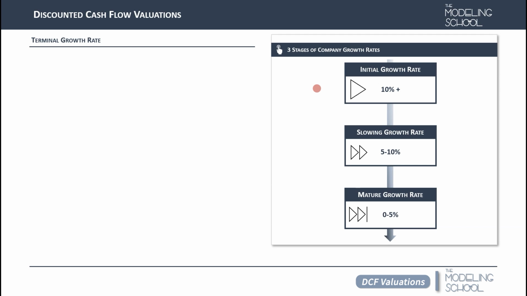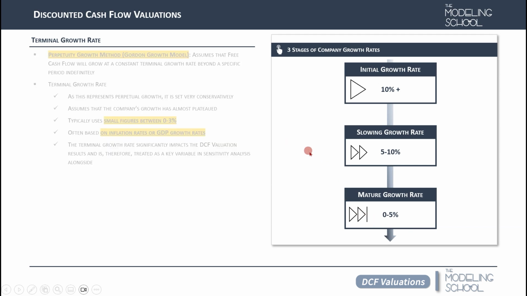So when determining terminal growth rates, it is typically assumed that the company has reached the end of its growth, or the company has reached its mature growth rate. Usually companies experience high growth in their early stages, followed by a slowdown, and eventually they enter a mature phase, where growth rates are very low.